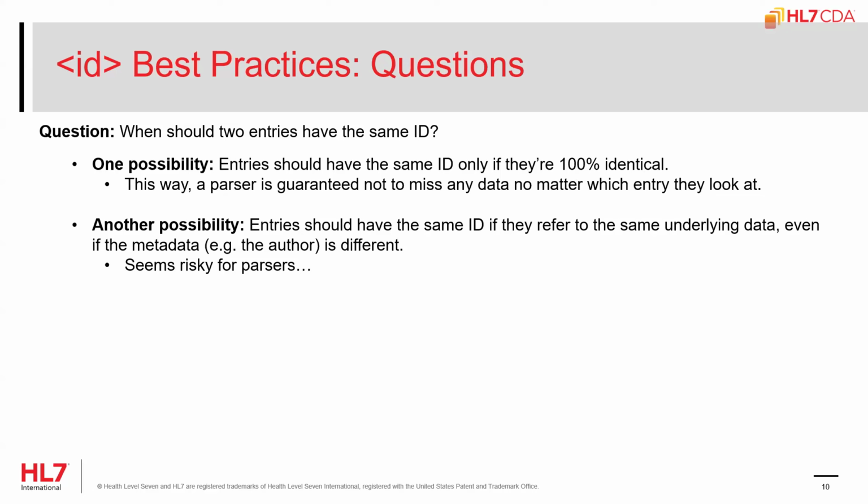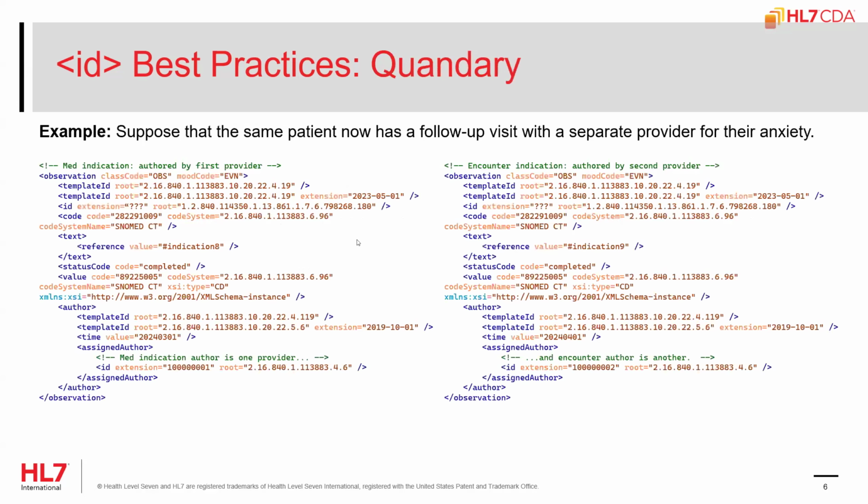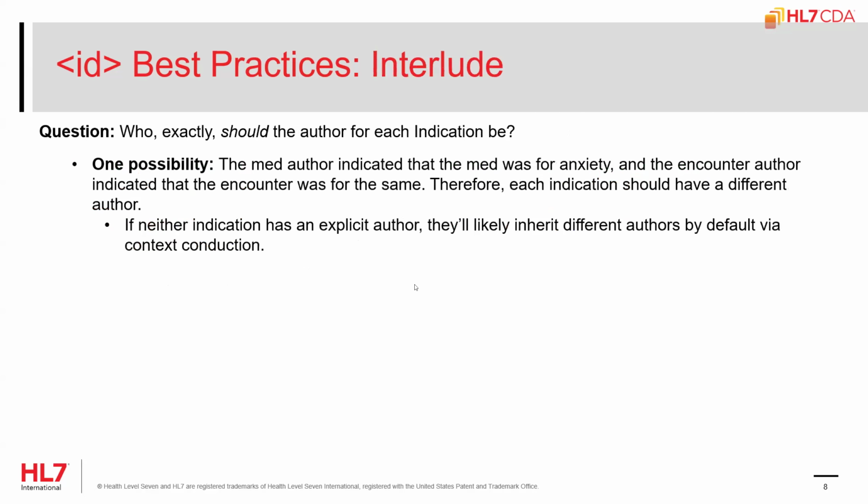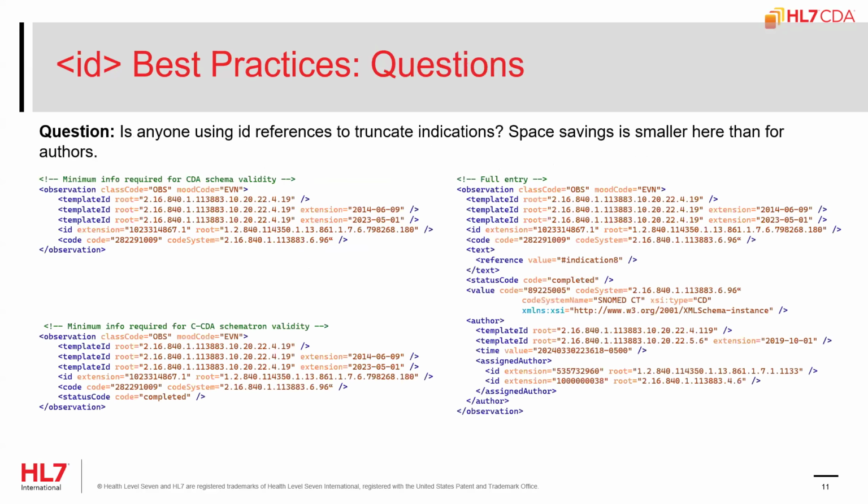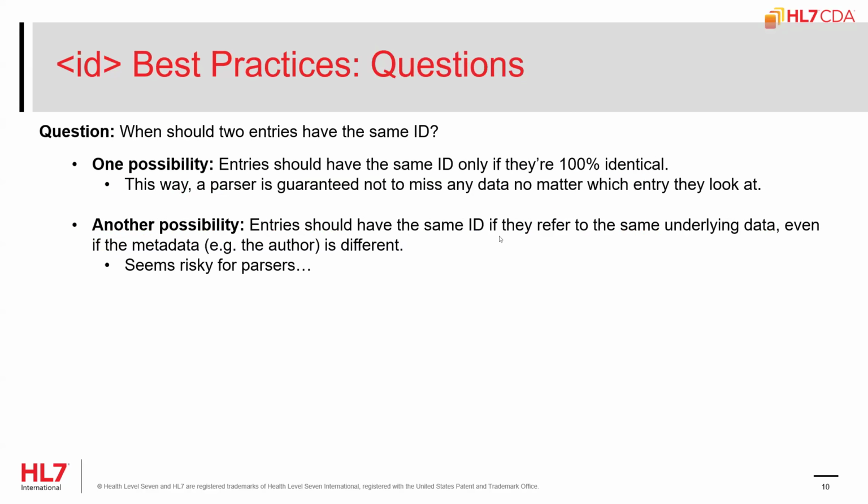If we say they refer to the same underlying data, it's the same person in both cases, then even if some of the metadata is different, like these indications having two different authors, or one's an author and one's a patient, we could say they are the same data, so they should have the same ID.